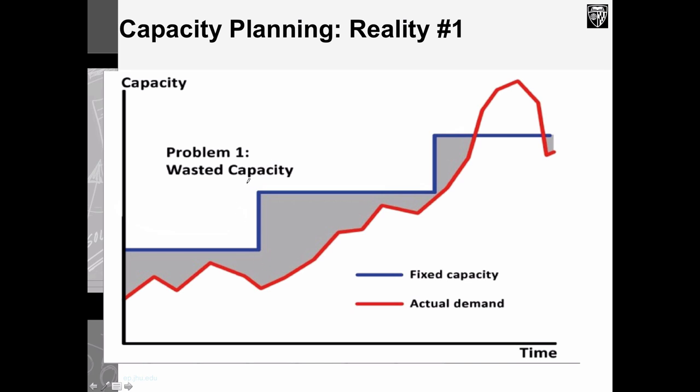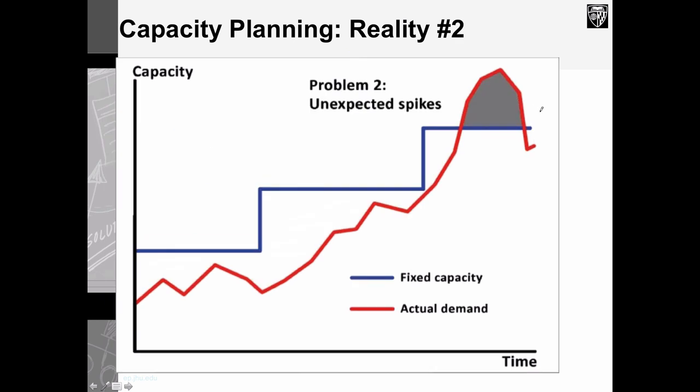So you're essentially wasting your server capacity because there's not that much demand for that application. You allocated excess resources, and all that capacity is wasted. So this is problem number one of traditional capacity planning.